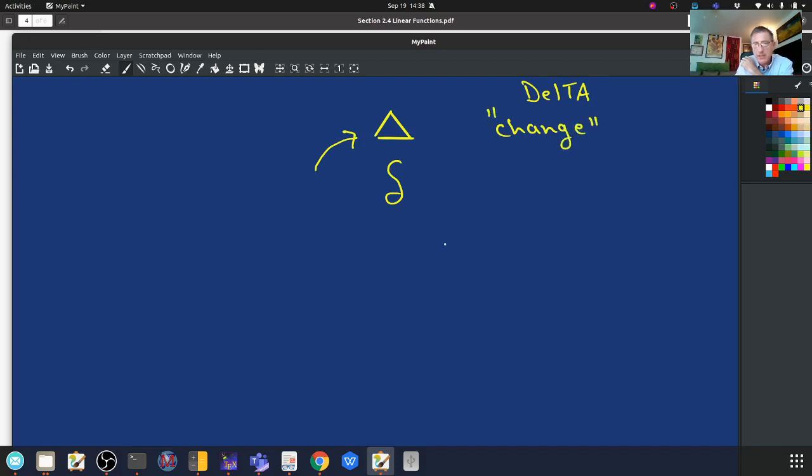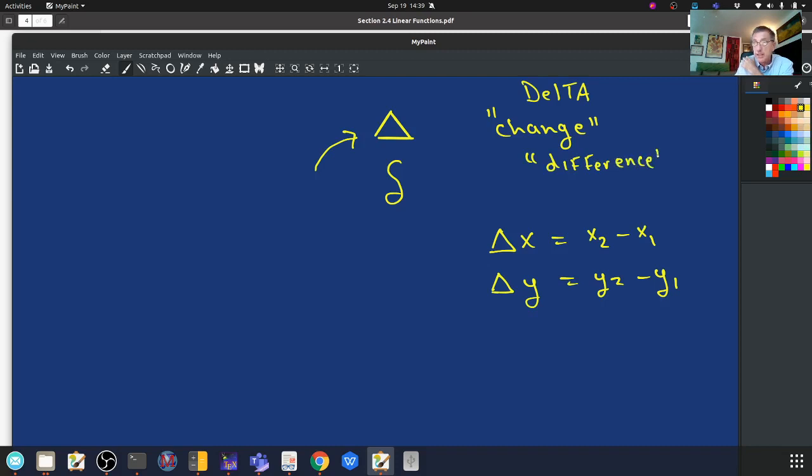In this case, delta x is equal to x2 minus x1. That's the change in x values. Delta y is equal to y2 minus y1. That's the change in y values. Now you might say, well, in this particular case, difference might be a better word.